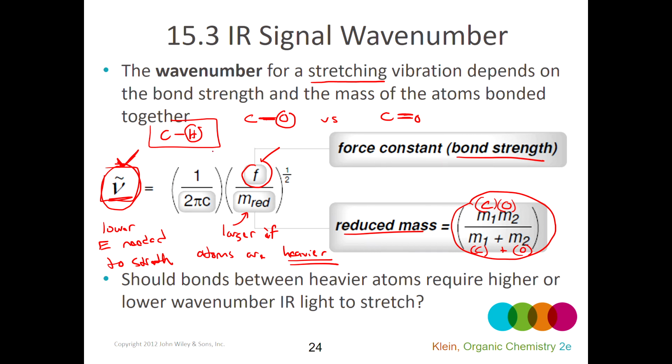This work's already been done for us. We're mostly going to focus on just learning which types of bonds will produce signals or absorb energy of certain values. So, just to answer this, if I have heavier atoms, it will require a lower number to stretch that bond.